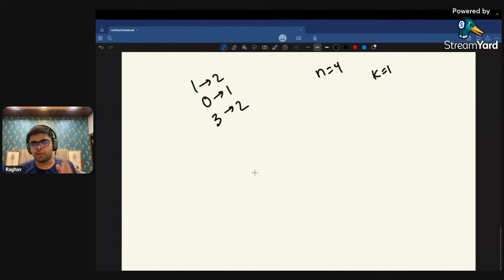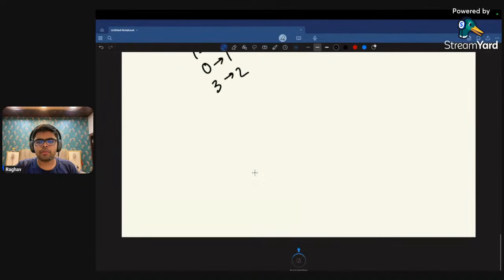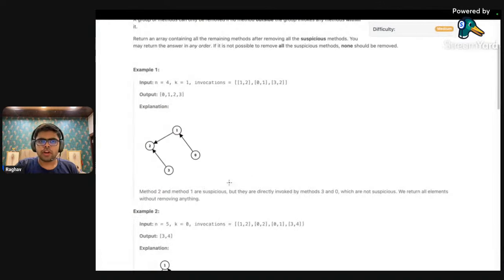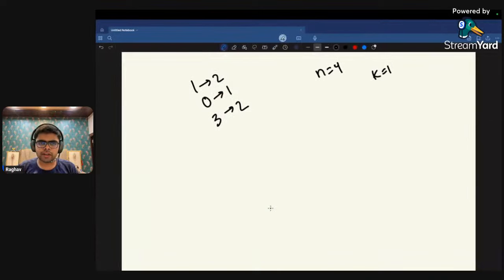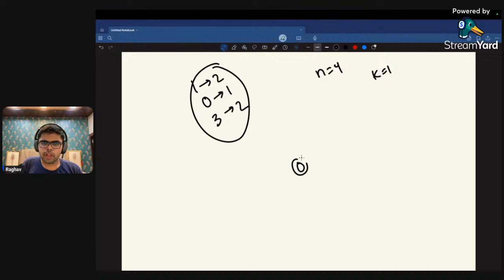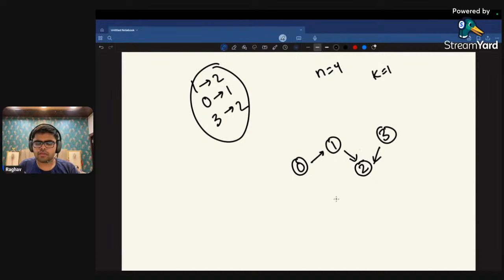Some people who are new and have not solved a lot of problems might not get the idea directly, but after looking at this they could get the idea to represent them as nodes of a graph. So you have method 0 which invokes method 1 and method 3, method 1 invokes method 2, and method 3 invokes method 2, right?